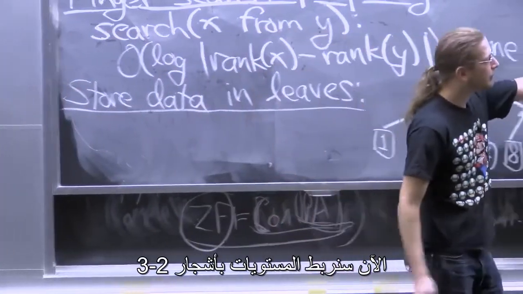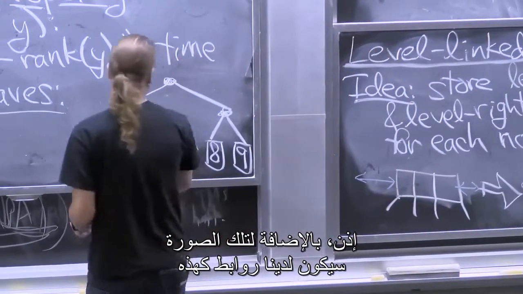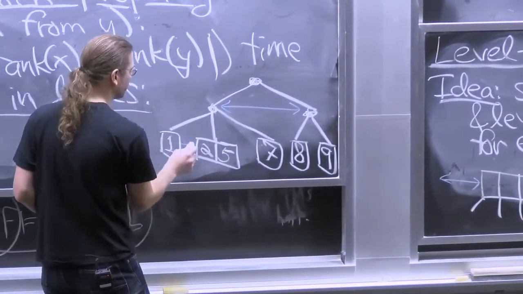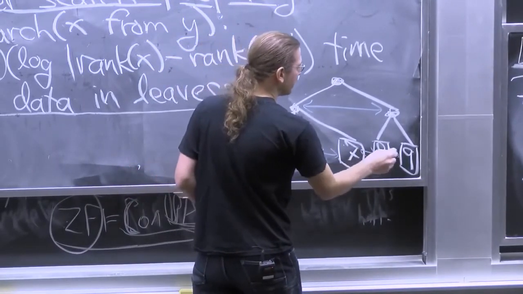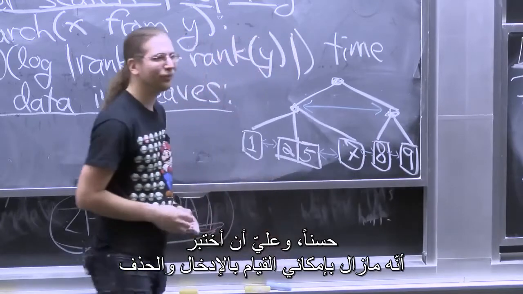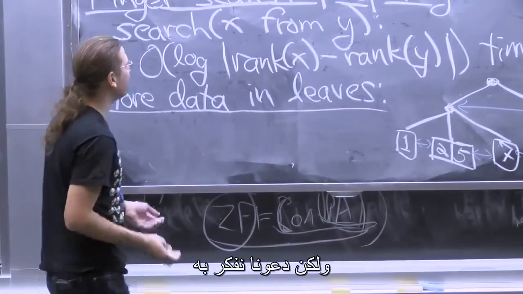Now we're going to do level-linked 2-3 tree. So in addition to that picture, we're going to have links like this. Okay, and I should check that I can still do insert and delete into these structures. It's actually not too hard, but let's think about it.